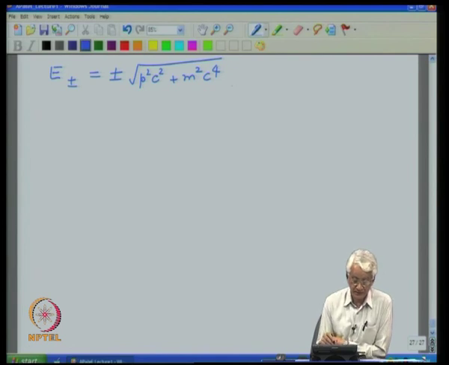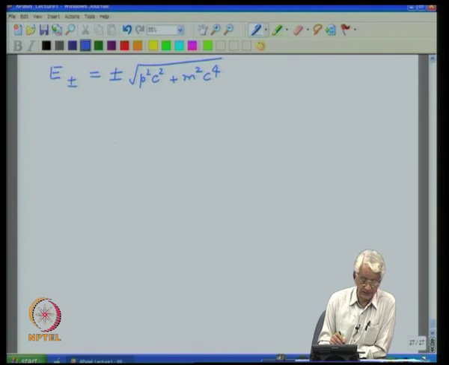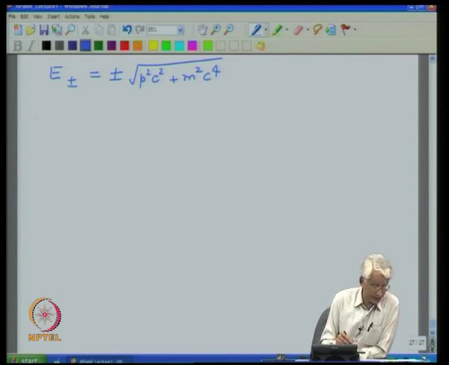This is the part which Dirac could not eliminate even after linearizing the equation: if you want to calculate the energy eigenvalues, they will come out with two different signs. And now one can solve the equation in terms of the specific eigenvalues, and it is convenient to separate the two solutions, certain ones corresponding to positive eigenvalues and certain ones corresponding to negative eigenvalues.